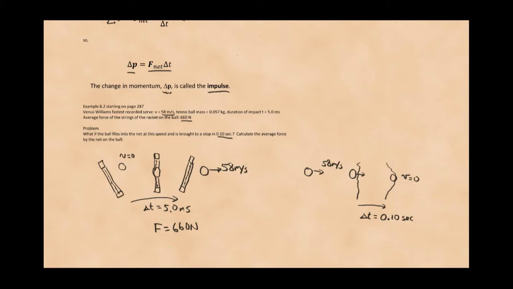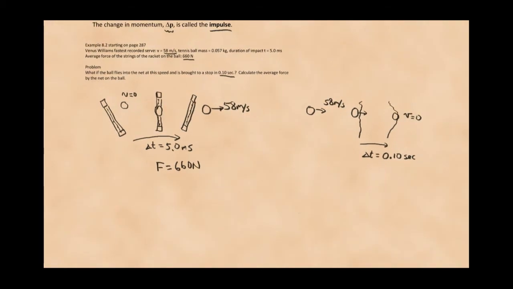Now let's assume the tennis ball runs into the net and the net brings it to a stop in 1/10 of a second. So it initially has a speed of 58 meters per second. After 1/10 of a second, it has a speed of 0. And we want to calculate the average force on the ball by the net.